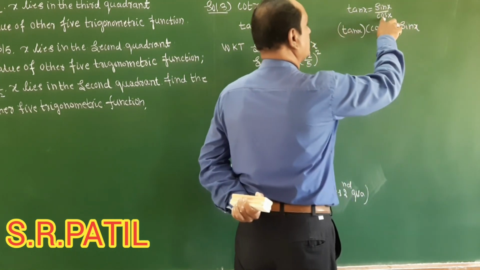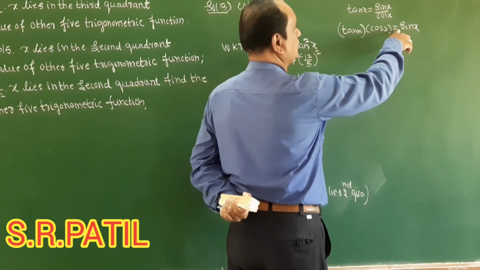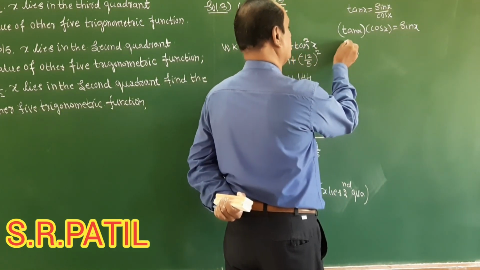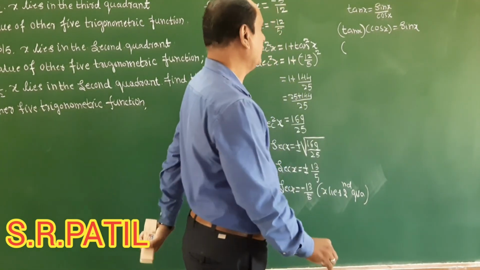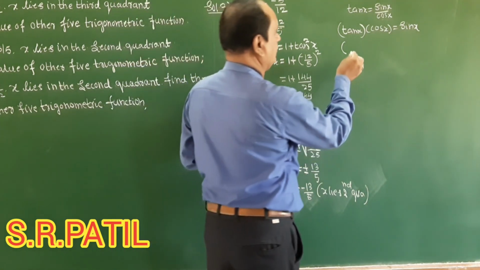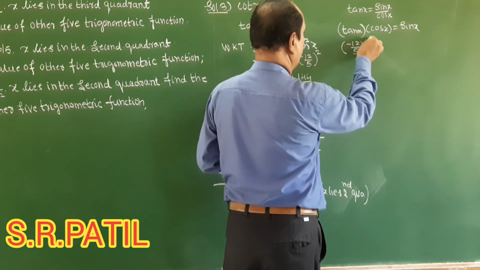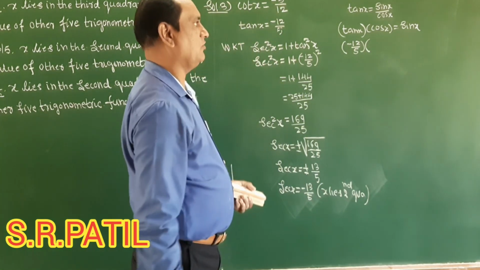Tan x into cos x is equal to sin x. Substitute the value for tan x, which is minus 12 divided by 5, multiplied by the value for cos x.